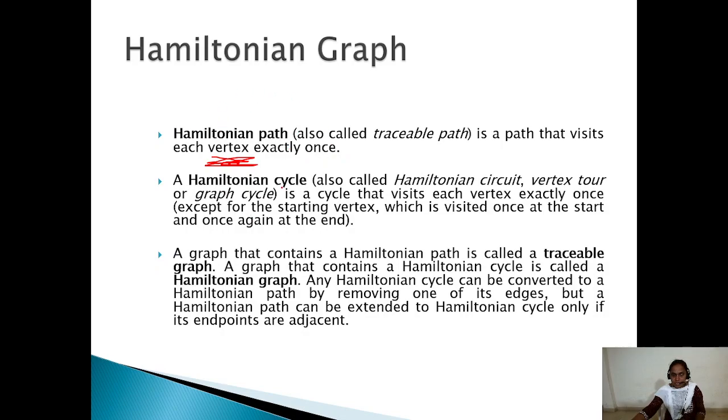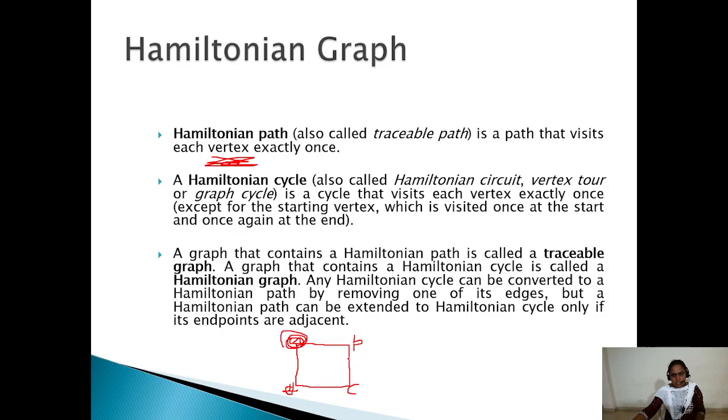What is a Hamiltonian circuit? It visits each vertex exactly once except the starting vertex. For example, A, B, C, D. No vertex is visited more than once, except the starting vertex.